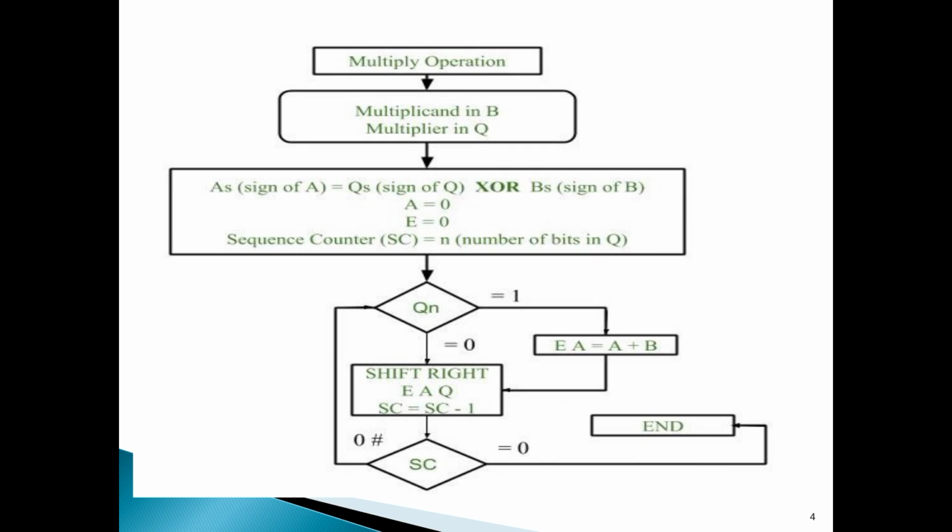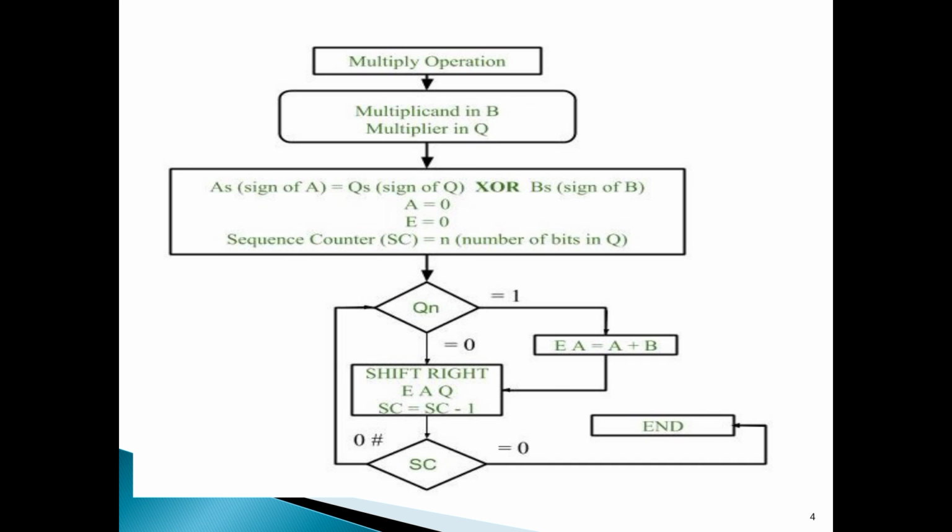According to this flow chart, every time we check the sequence counter. Here the sequence counter is 4. Is 4 equal to 0? That is false. If it is 0, then go to end. If it is not equal to 0, again check the Qn value.